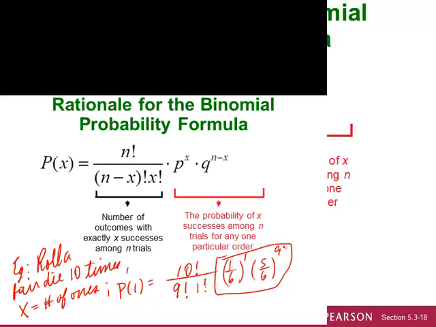And because each roll of the die is independent of each other, all you need to do is calculate the product of their individual probabilities. So regardless of whether your first roll was a 1, or the last roll was a 1, or any other roll between roll 1 and roll 10 was a 1, it doesn't matter where in that sequence of rolls you end up with a 1.